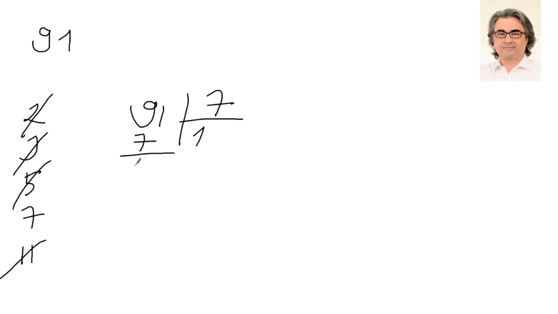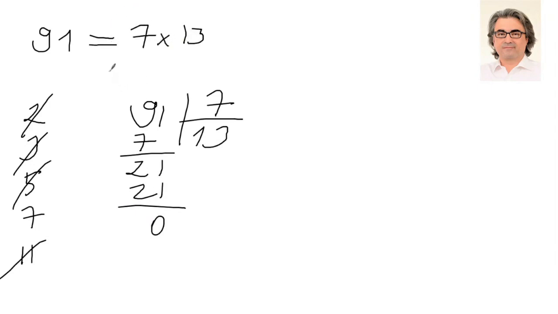In 9 we have only one 7. 1 times 7 is 7. 2 and 1. In 21 I have three 7s. 3 times 7 is 21. It means 91 is 7 times 13. So I got a result. 91 is divisible by 7.